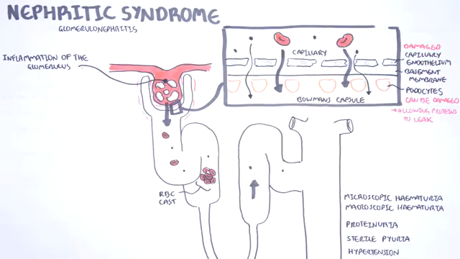The treatment for anti-glomerular basement membrane disease, or Goodpasture's disease, includes plasmapheresis to remove the antibodies, pulse corticosteroids intravenously and then orally, as well as cyclophosphamide, which is an immunosuppressive agent.